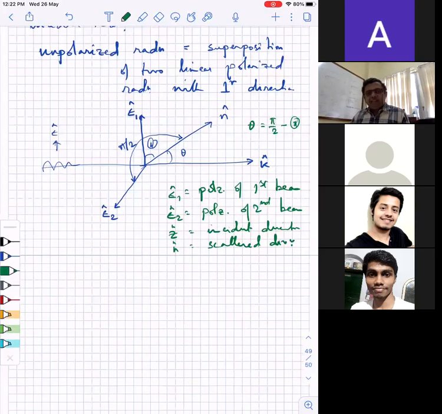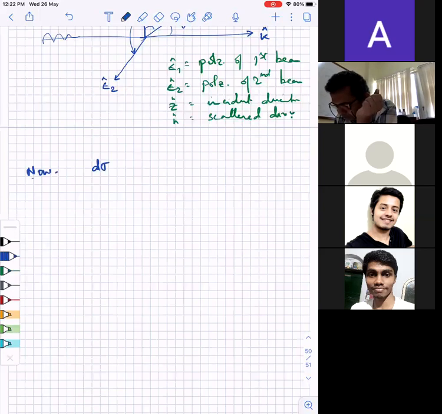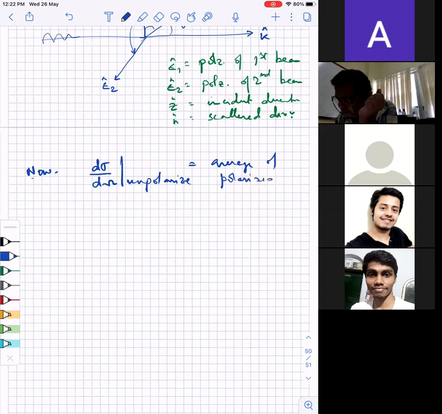Given this, if I want to write down the cross section, I will just take the average of the two cross sections. So the differential cross section for unpolarized is the average of the polarized d sigma d omega.